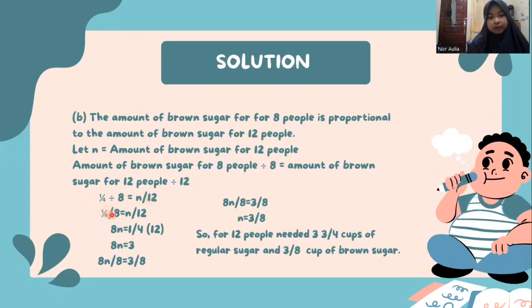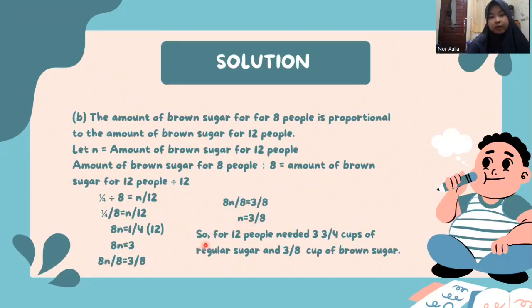A quarter divided by 8 equals n divided by 12. 8n equals a quarter times 12. 8n equals 3. 8n divided by 8 equals 3 divided by 8. So n equals 3 over 8.